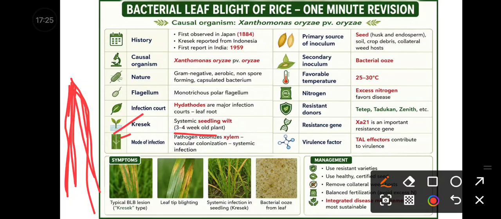Okay, remember this, blighting occurs from the tip downward. The most characteristic thing is that the margin of this yellow portion is curved. Okay, remember this, a curvy margin is there.